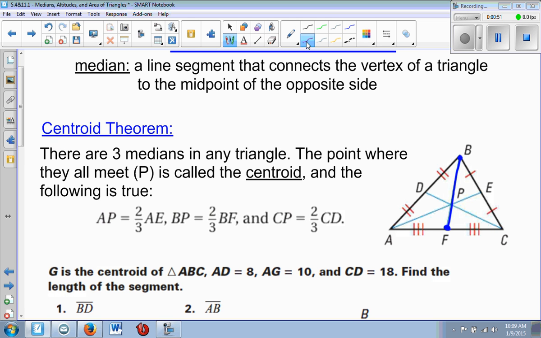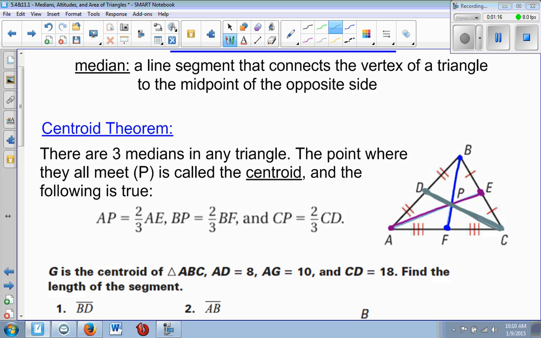There is another one that starts at point A and goes to the other opposite side, to point E. E is a midpoint of the opposite side, so AE would be called a median, and the same thing from C up to D. From C to D, we go from vertex to the midpoint of the opposite side, so CD is called a median.